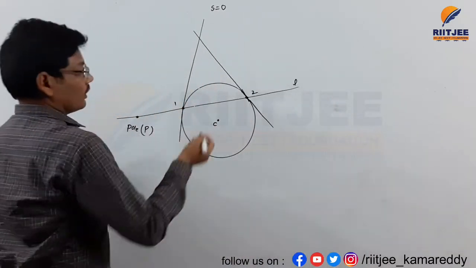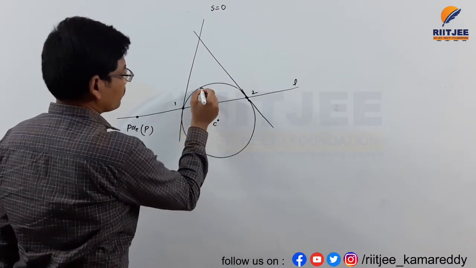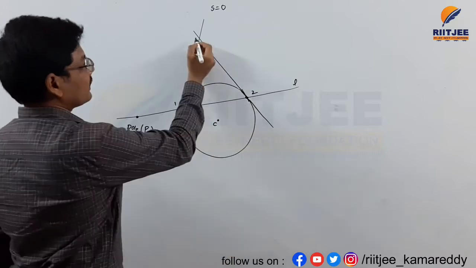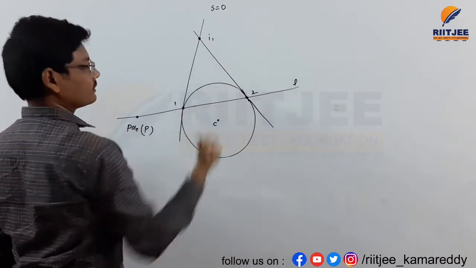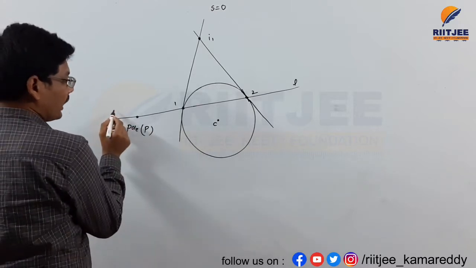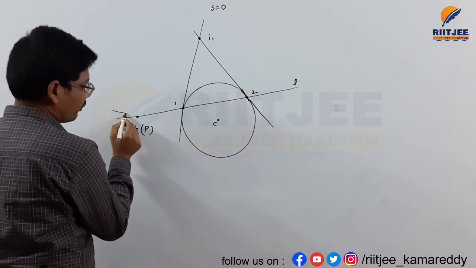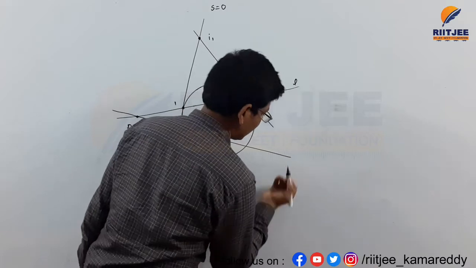Here the intersecting point of these 2 tangent lines is taken as I1. And from the pole, again I am drawing a secant line.